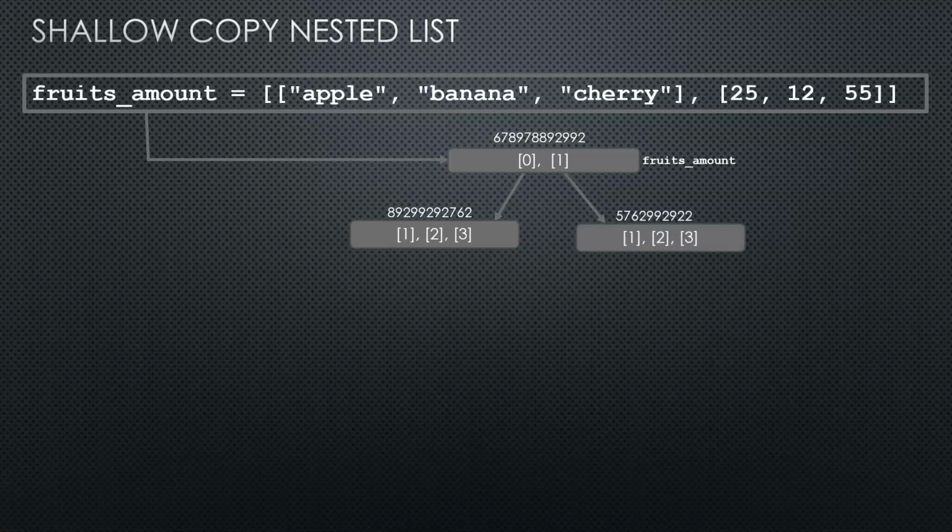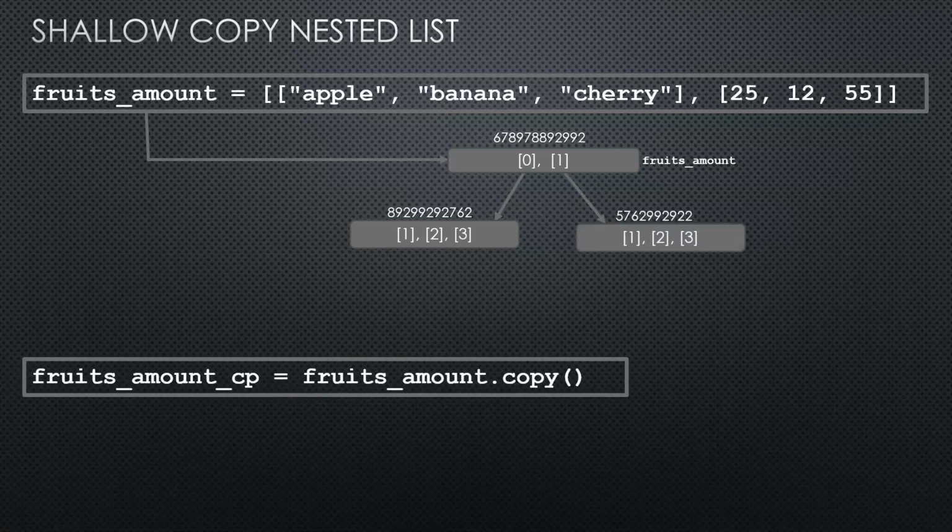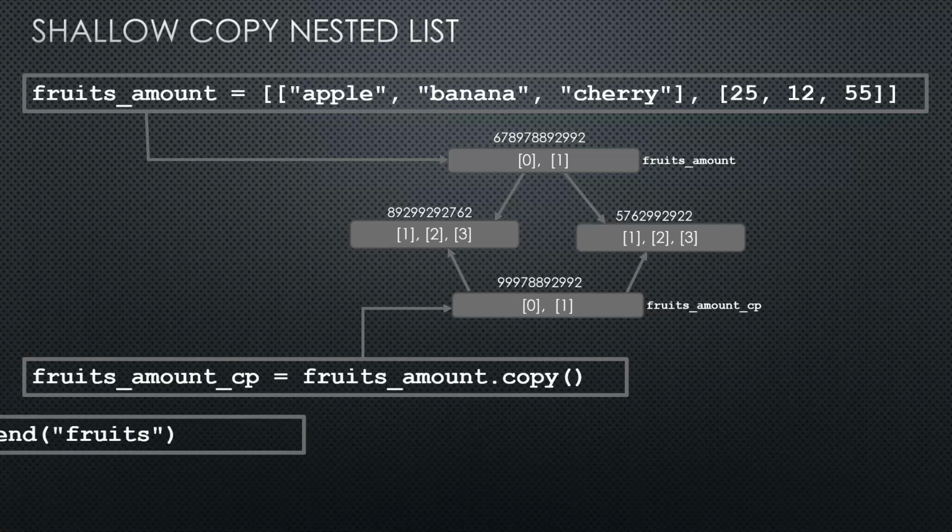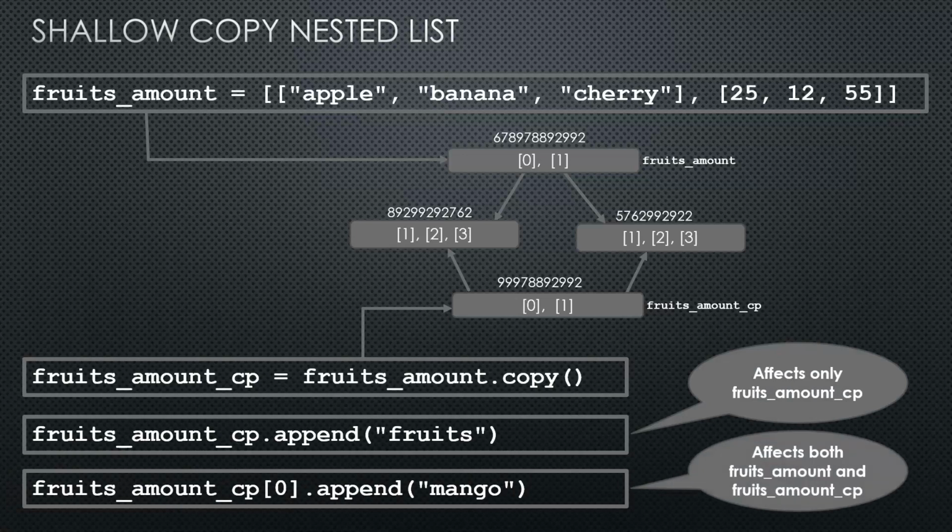If we now use the copy function, the external list will get its own memory location, but the internal lists are still pointing to the same memory location. So if we change anything in one of the internal lists in fruits_amount_cp, the new copy, it will affect the original list. This is called shallow copy.